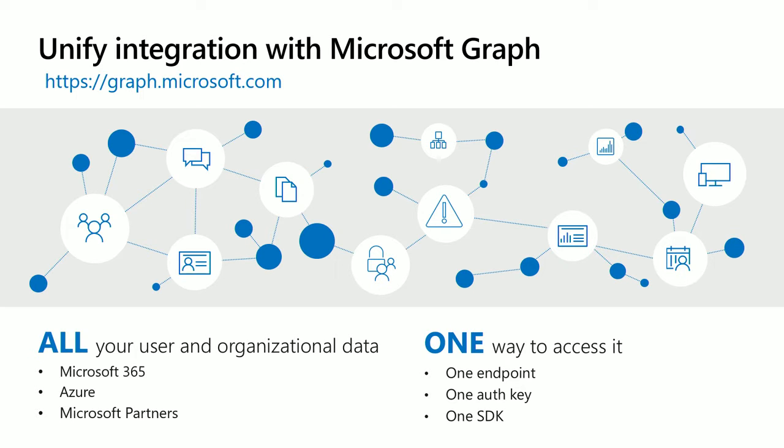And that's where Microsoft Graph enables unification of all of this via a single endpoint that you can access all your Microsoft 365 data from, your Azure data from, as well as your Microsoft partner data as well. So it's one endpoint, HTTPS graph.microsoft.com, one auth, and one SDK.